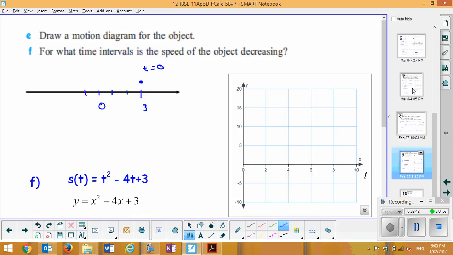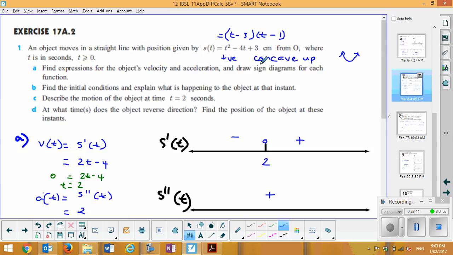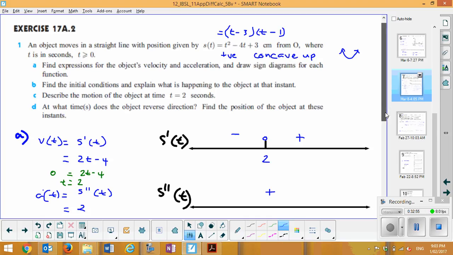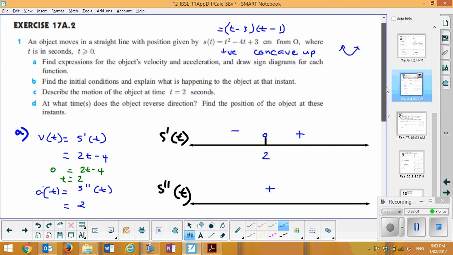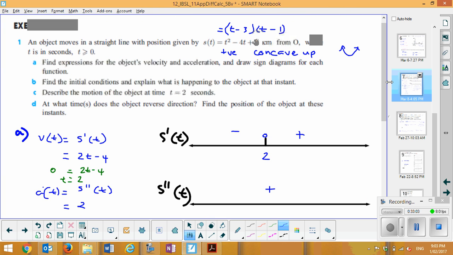Then when did it go through the origin? We found that at time 2 it's turning around, but we didn't actually find when it's at the origin. It's going to be at the origin at times 1 and 3.